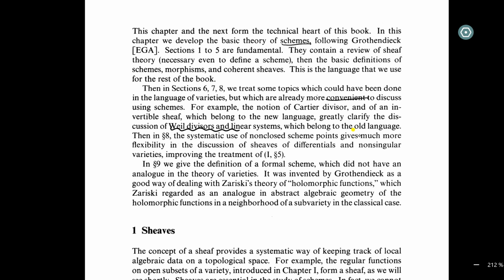So Weil divisor and linear system are the old language, but if you use the language of schemes, you can use Cartier divisors, as you will see.